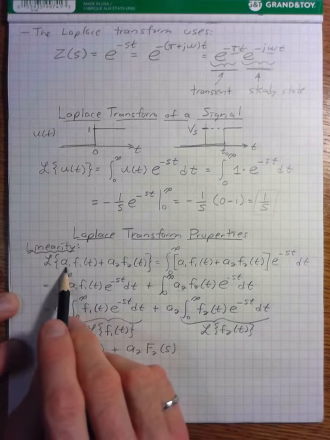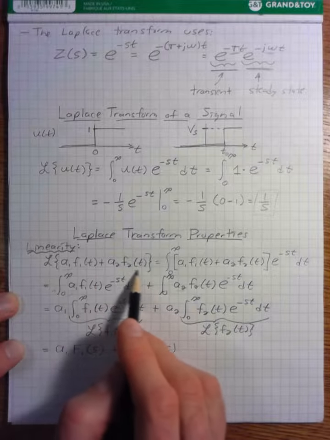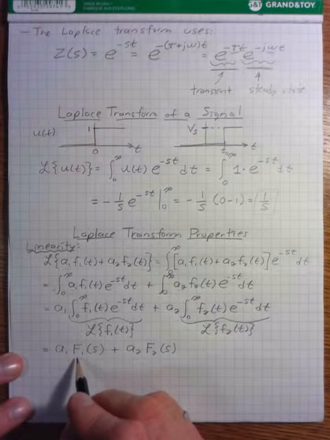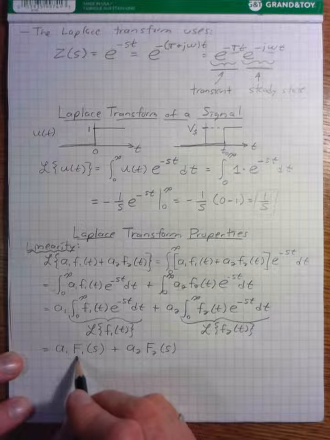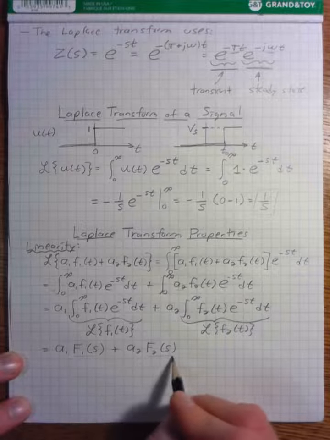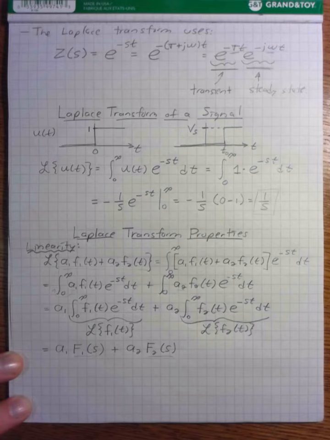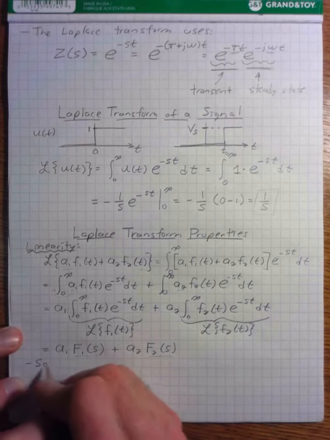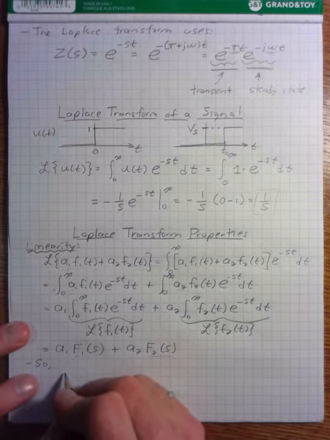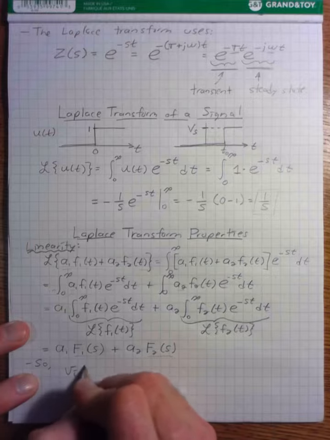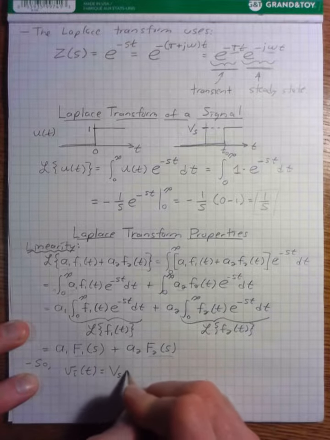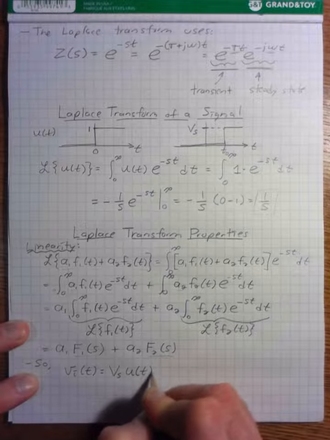So if we take the linear combination of f1 and f2 first, and then take the Laplace transform of the result, it's the same thing as taking that exact same linear combination of the Laplace transform of f1 and the Laplace transform of f2. And so if we think back to our step response derivation, we had some input voltage, Vi of t, that was equal to the value of our source voltage multiplied by the unit step function.